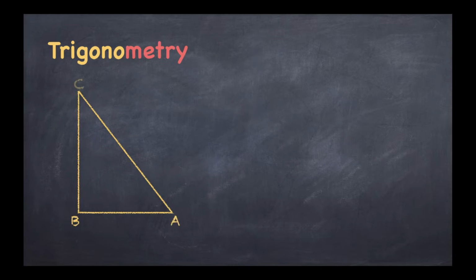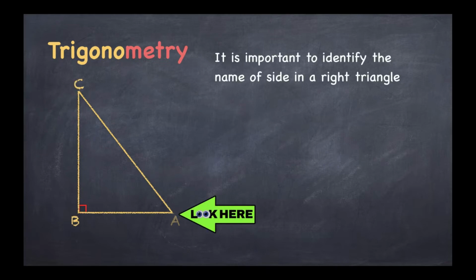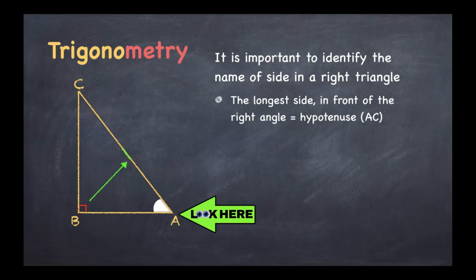So now we are going to identify the names of the sides of a right angle triangle. And now our point of view is angle A. Please look at angle A. The longest side in front of the right angle is called the hypotenuse.